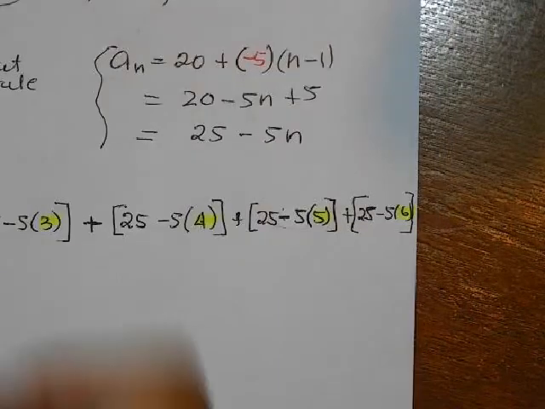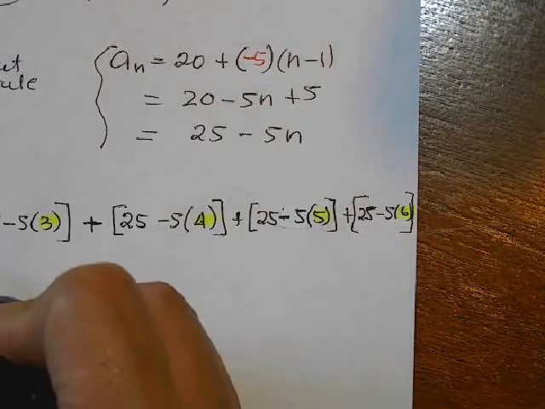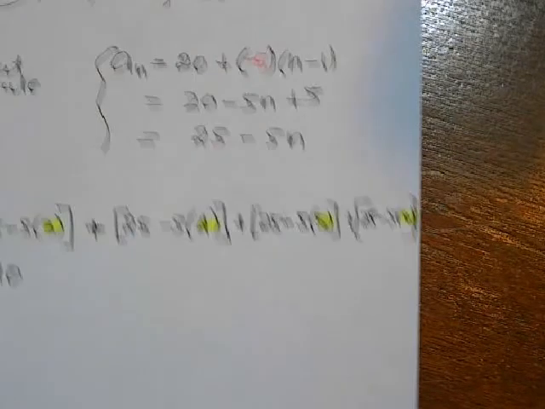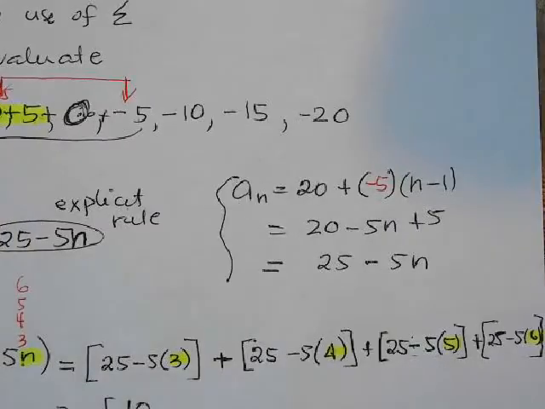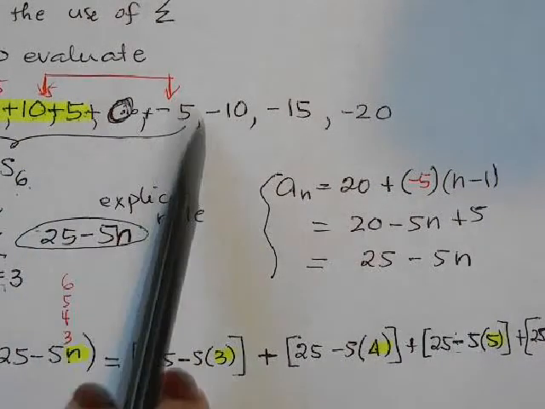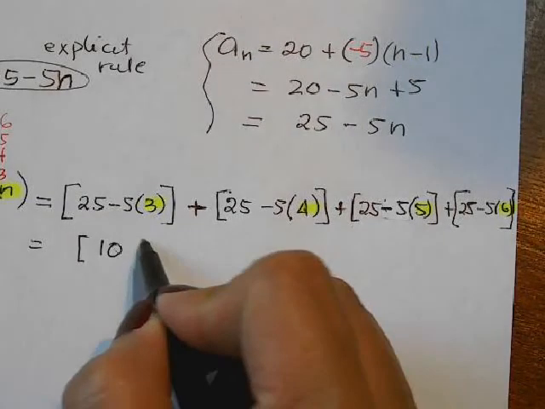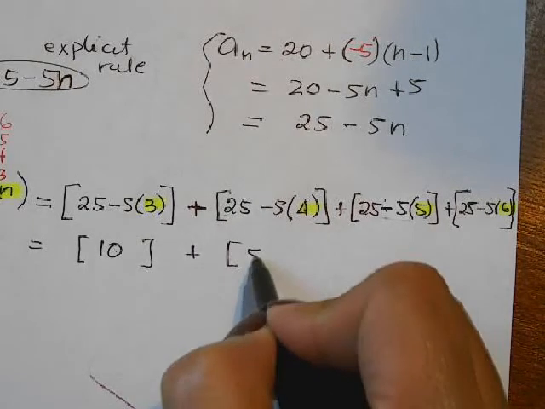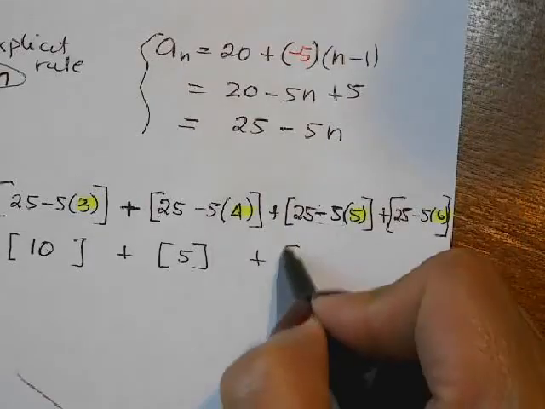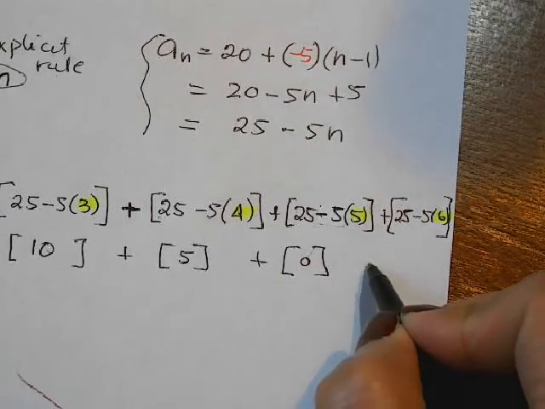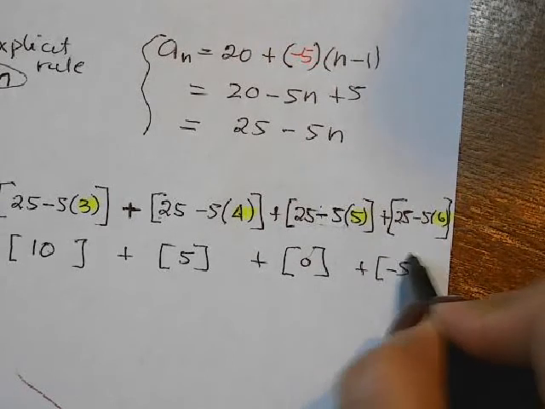Okay, so this will be 25 minus 15 is 10. Okay, you could see that that is also the first term here. Actually, we're going to get 10, 5, 0, and negative 5. So then here will be 25 minus 20 is 5. 25 minus 25 is 0. Plus 25 minus 30 is negative 5.